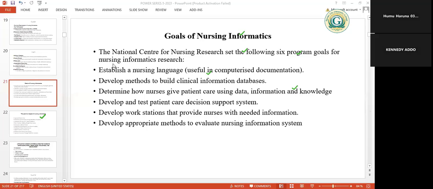It has reduced medical errors. It has limited the rate of documentation and data entry error.